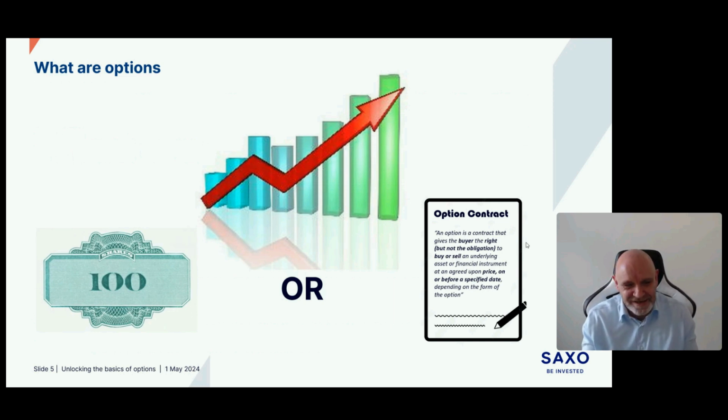It's not tangible. If you have a share, that really means that if you have 100 shares, and why I'm using the number 100, that's because most option contracts cover 100 shares. If you have 100 shares of a company, you have something tangible. It's yours. You have a part of a company.